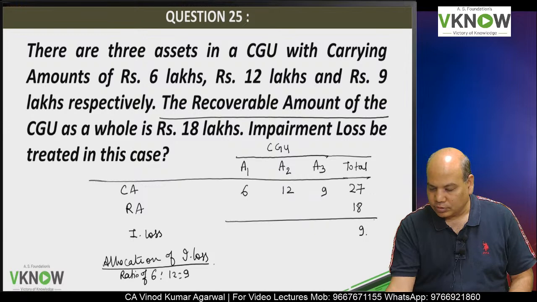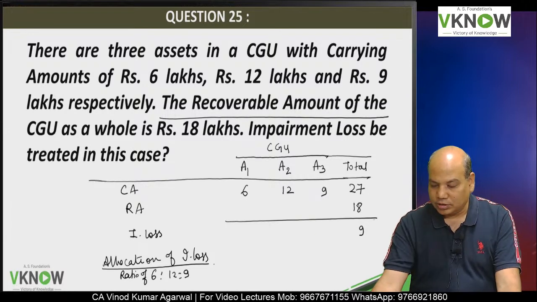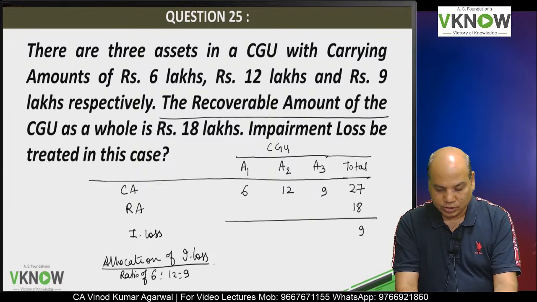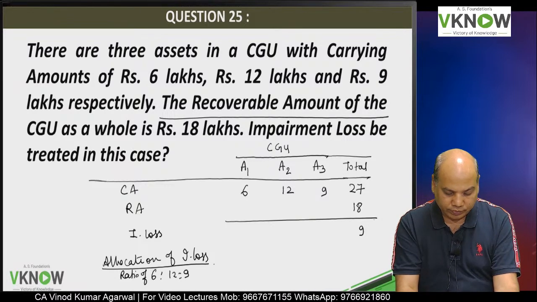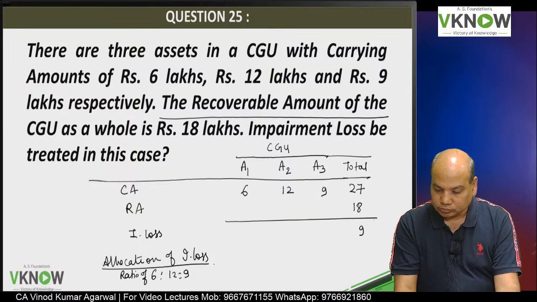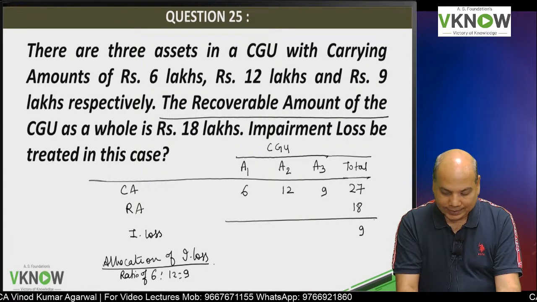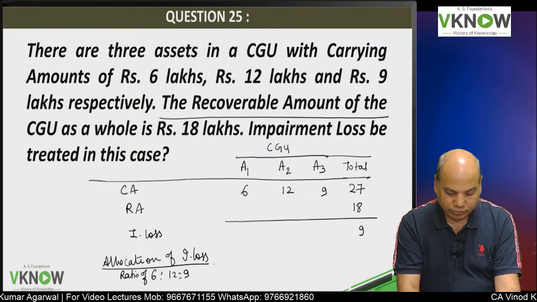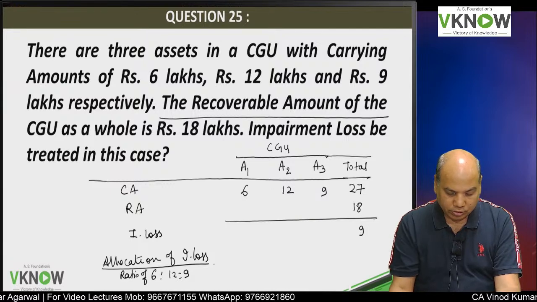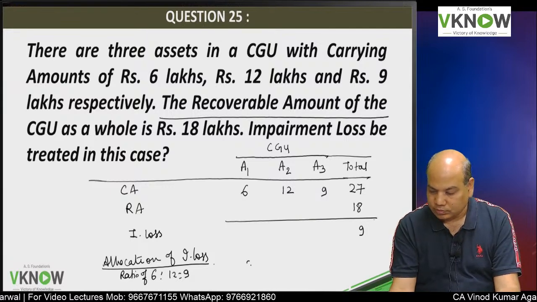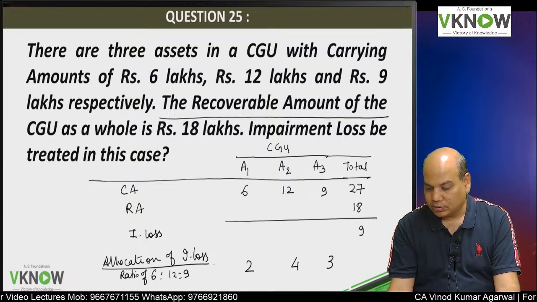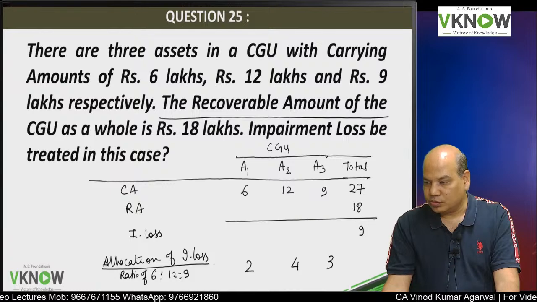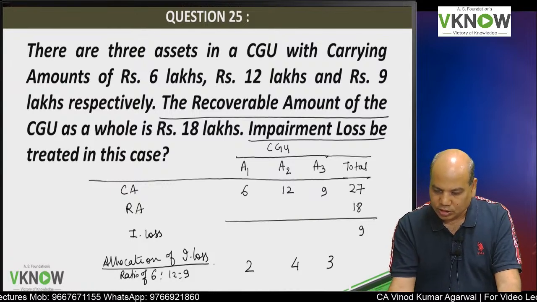So please tell me, if I have to allocate this 9 in the ratio of 6:12:9, what will be the answer? Let me try. 6 divided by 27 into 9. So the answer is 2 here, 4 here and 3 here. This way the impairment loss will be allocated.